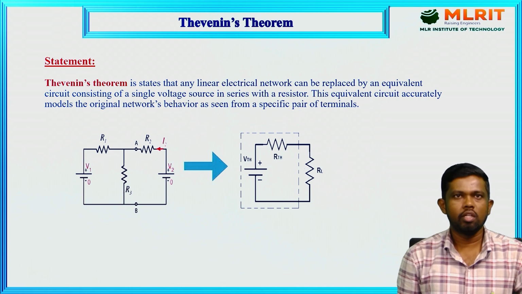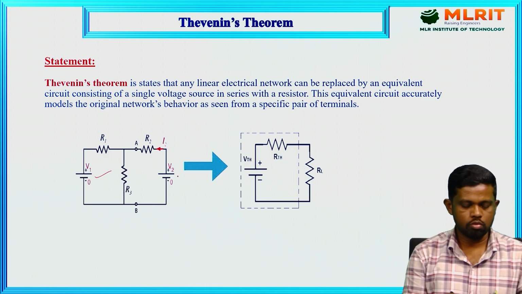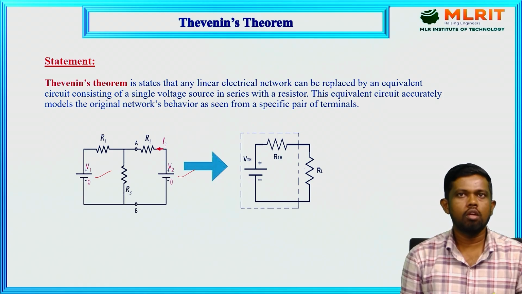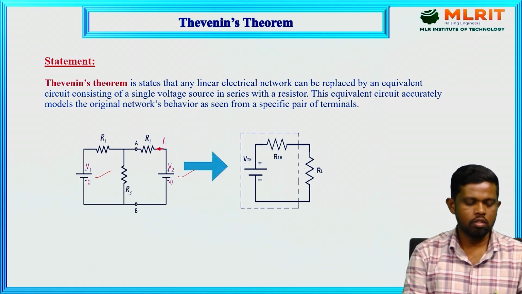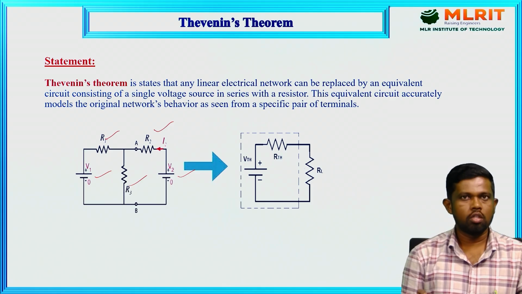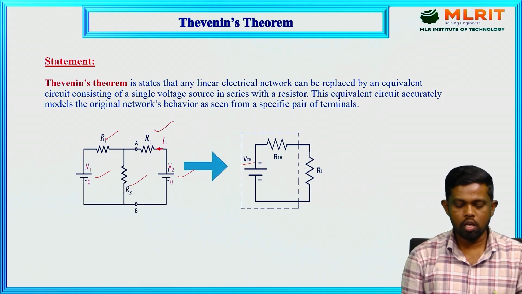It simply states that in any network or circuit having a number of independent sources and a number of passive elements, that is, any linear bilateral two-terminal network consisting of a number of active elements and passive elements, the whole network can be replaced by an equivalent circuit consisting of a single voltage source, called the Thevenin voltage source, and all the remaining passive elements can be replaced by a single resistor, called the Thevenin resistance.